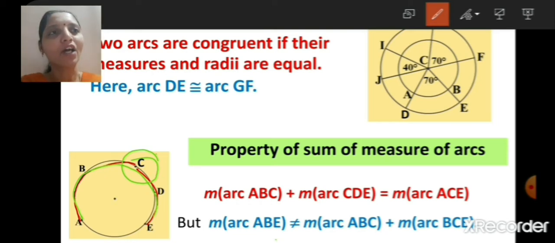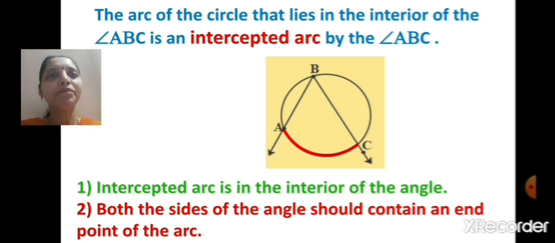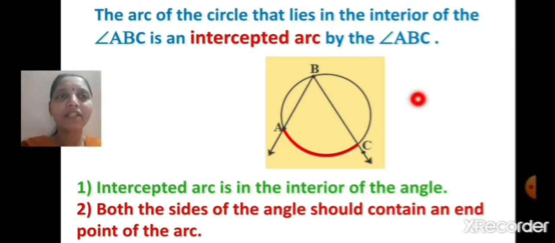Now let's move on to the next part, the inscribed angle. What is an inscribed angle? The angle whose both arms lie on the circle is called an inscribed angle. Two points are important here: the intercepted arc is in the interior of the angle, and both sides of the angle should contain an end point of the arc. These points you have to remember.